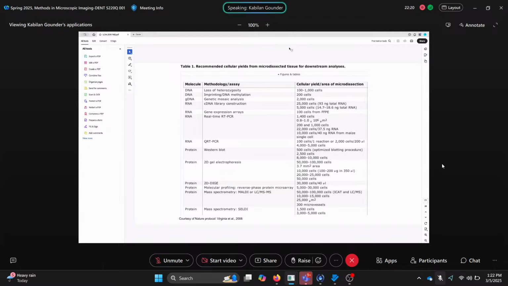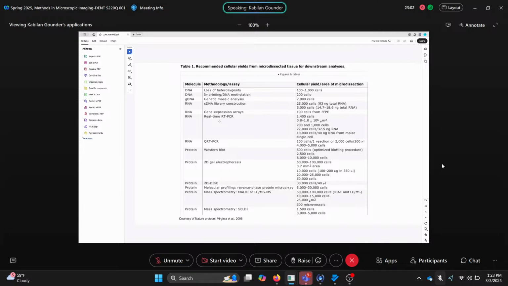Now, if you really want to isolate RNA, different numbers of microdissected cells are required. For example, if you want to construct a DNA library, it has to be 5,000 to 25,000 cells. If you want to do gene expression analysis by PCR or RT-PCR, that is real-time polymerase chain reaction, you can use quantitative RT-PCR with RNA from about 100 cells per reaction.